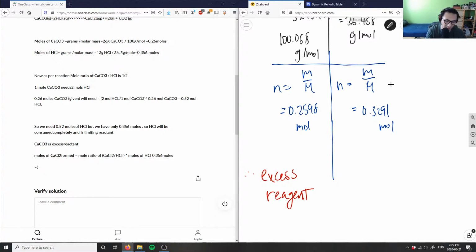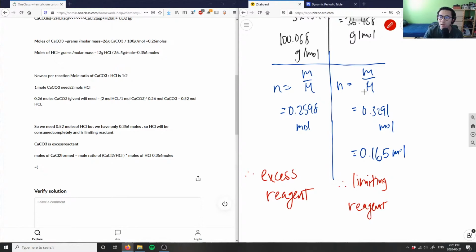I just like dividing by 2 to get everything in terms of 1 mole here. This is going to be 0.164 or 165 if I were to round it, moles. And again, this is still my limiting reagent, right? So you get these guys, this is excess and this is limiting here.